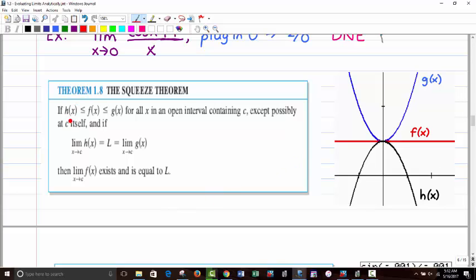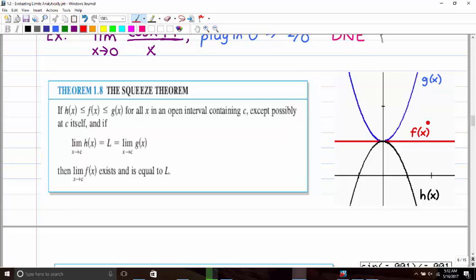So this says, if you know for sure that an f of x function is between an h of x and a g of x, and you know for sure that the limit of h of x as x approaches c equals some value L, and the limit of g of x as x approaches c equals that same L, if both the outside functions equal L, then the inside function would have to also equal L, because it's squeezed between those two.